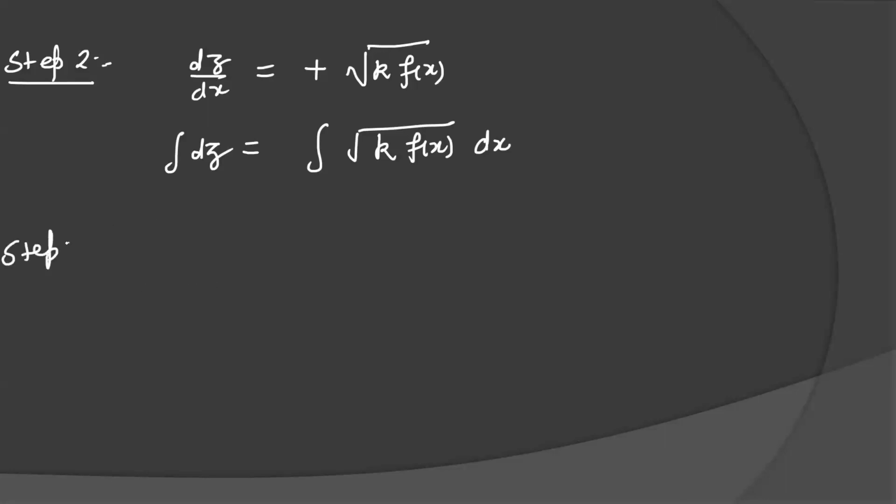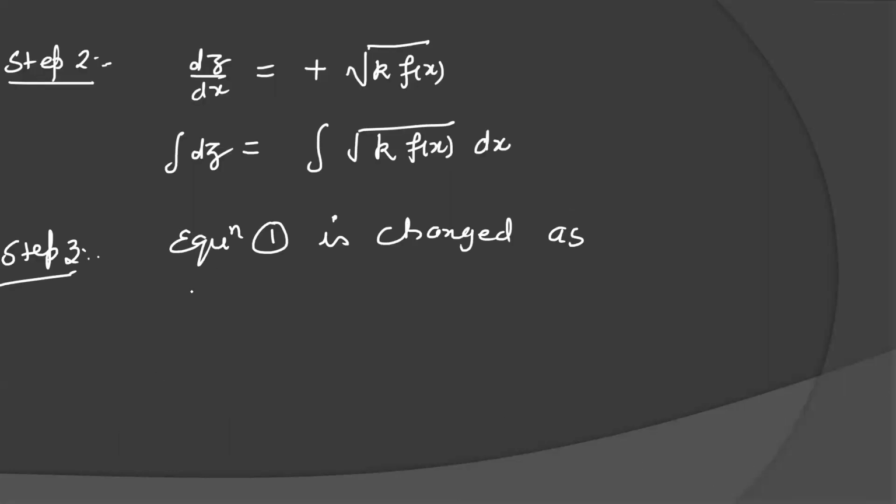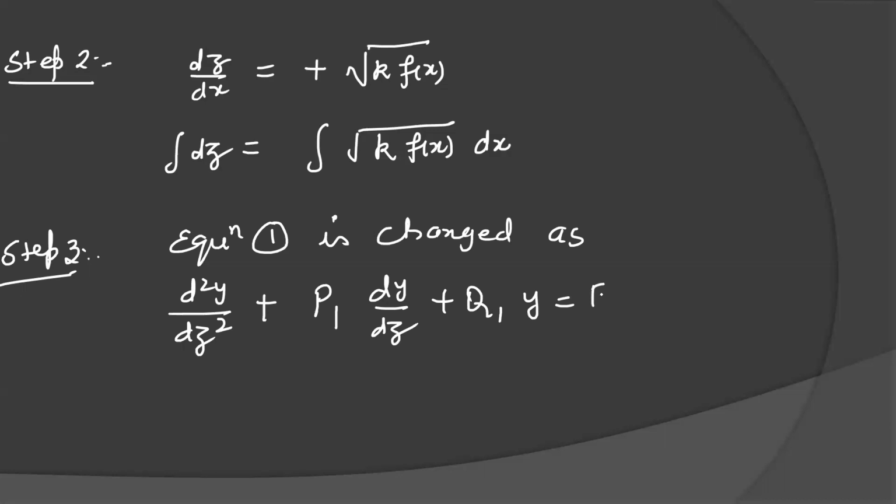Now step 3. Equation 1 is changed as, what was equation 1? This was equation 1. Now it is changed as d2y by dz2, because the independent variable is now z, plus p1 dy by dz plus q1 y equal to r1.